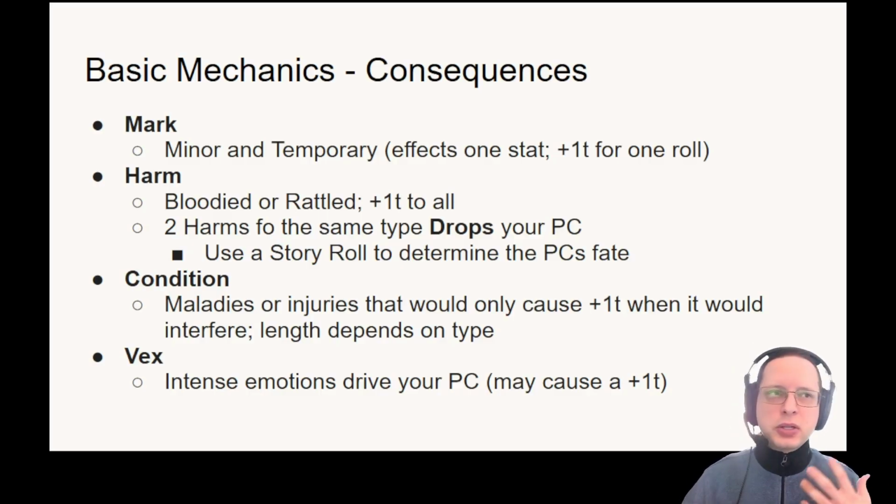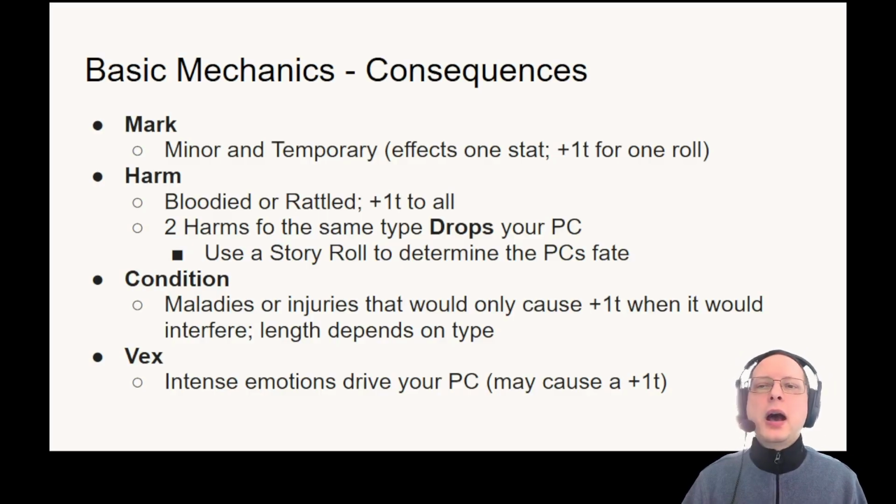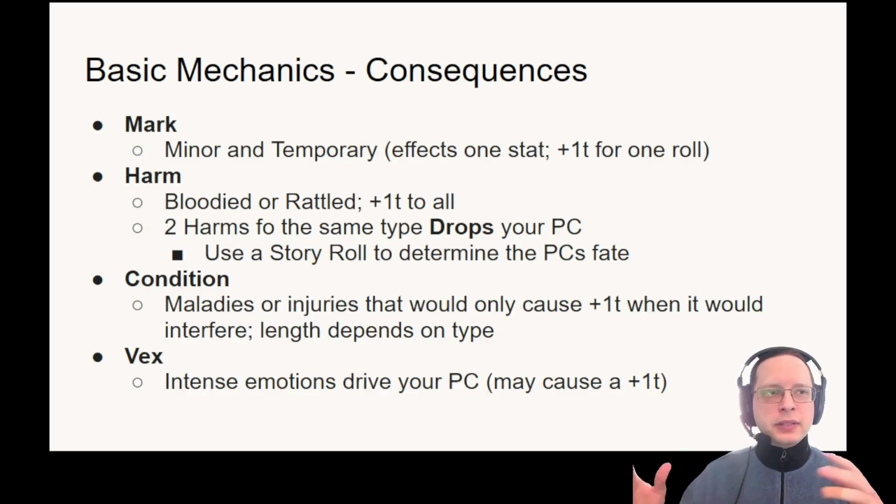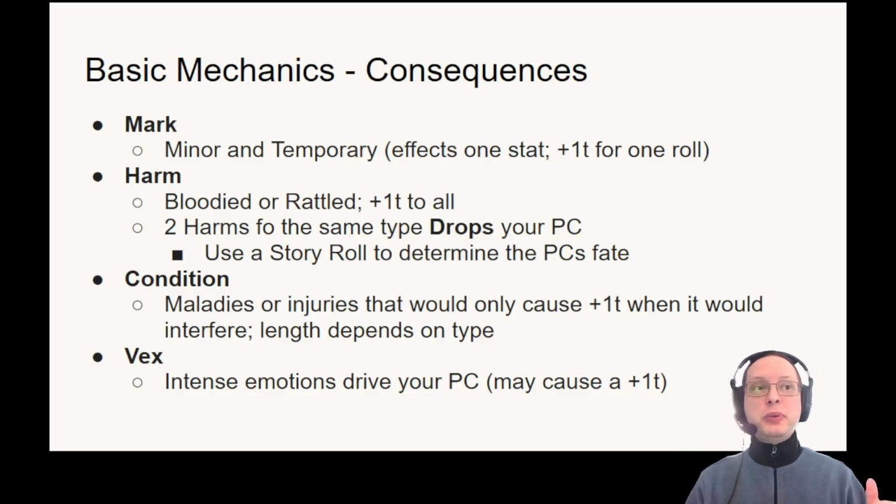Again, these could be short-term or long-term things, like a broken bone versus a somewhat permanent disability. Although it's important to note that this system does specifically say that if a condition were to be permanent, then the player needs to at least agree to that.